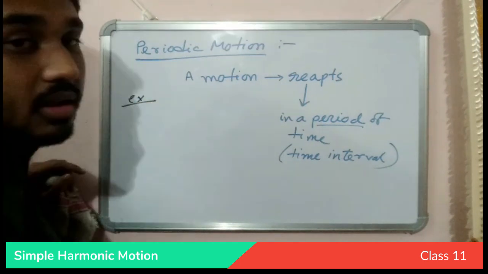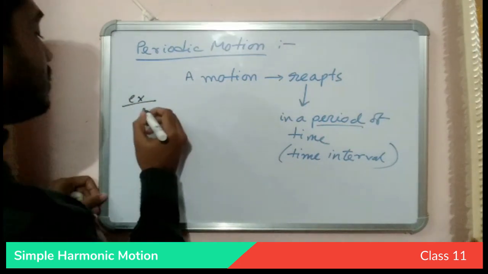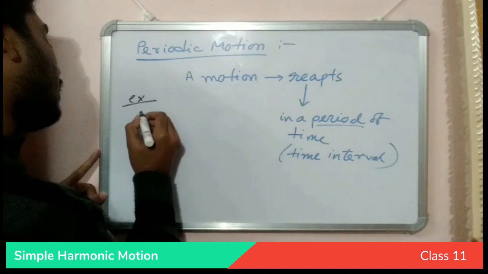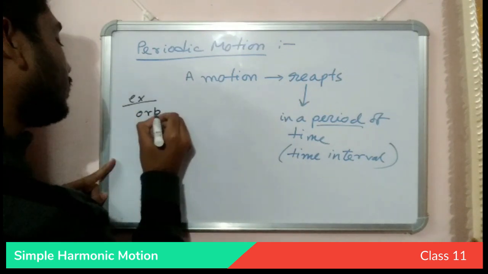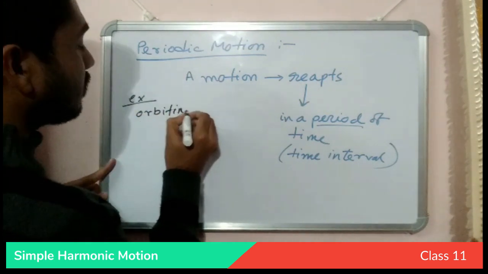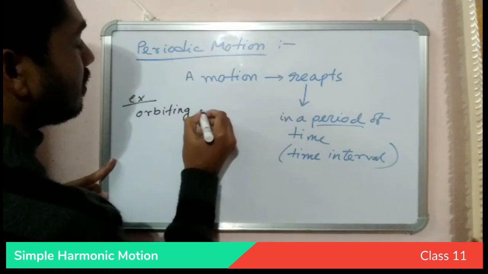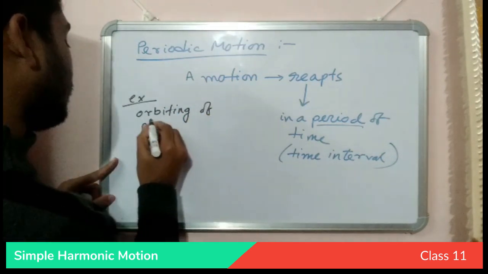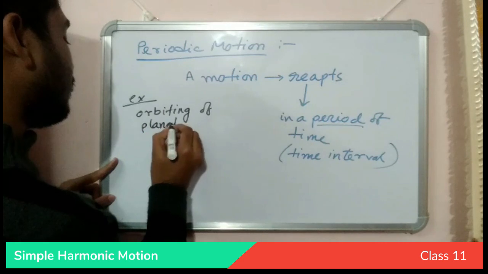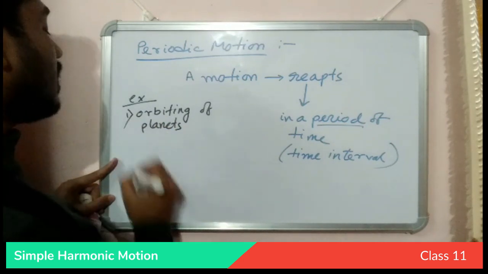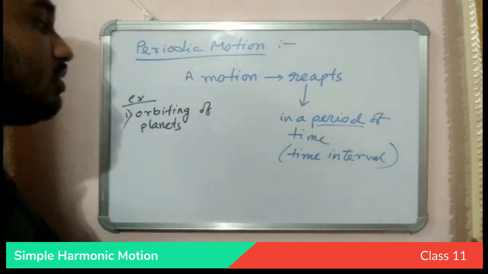Examples are everywhere in nature. That is the orbiting of planets around the sun and about their own axis.